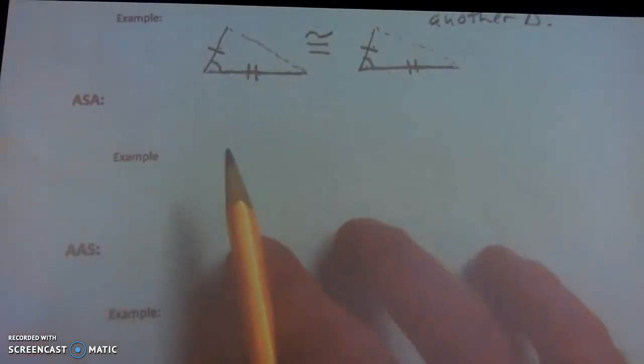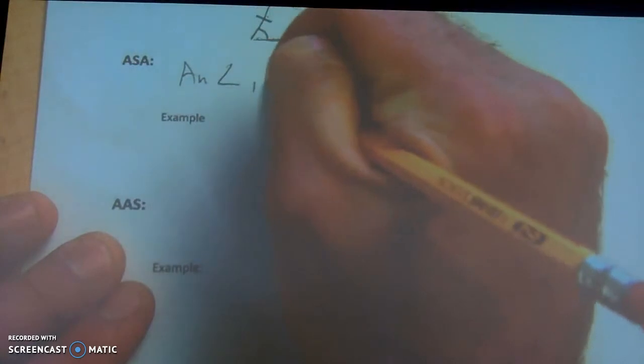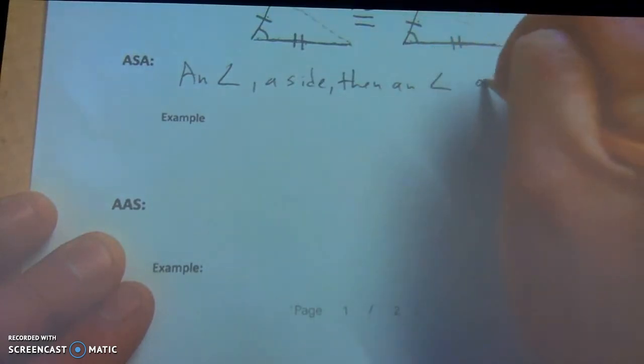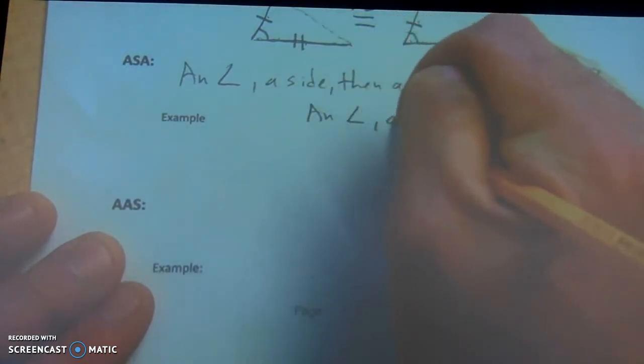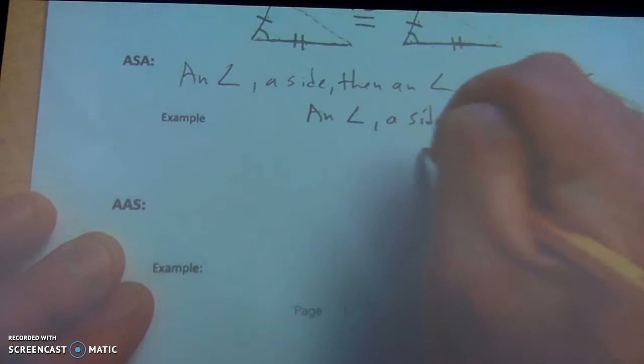Okay, next one, angle side angle, or ASA. Pretty similar. An angle, a side, then an angle on a triangle, congruent to an angle, a side, then an angle on another triangle.